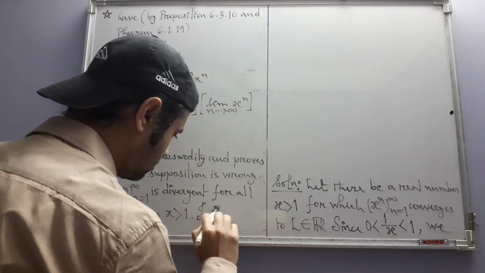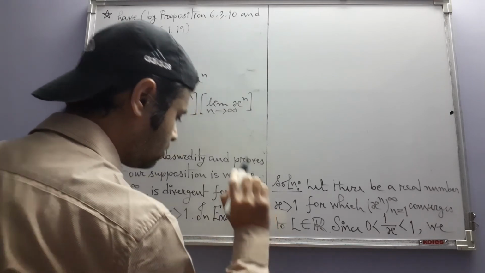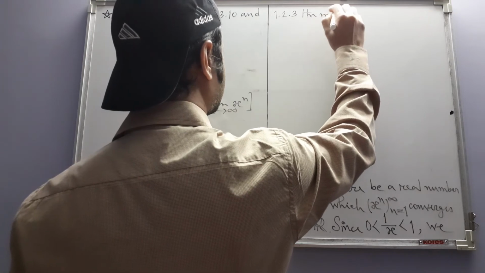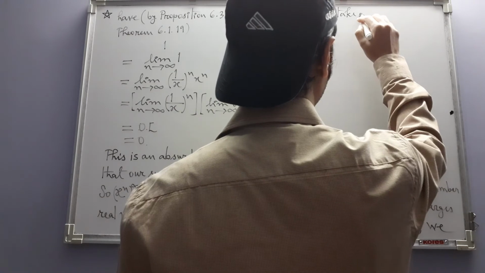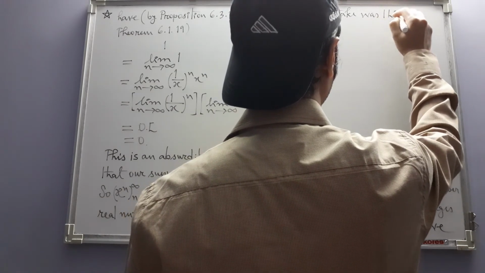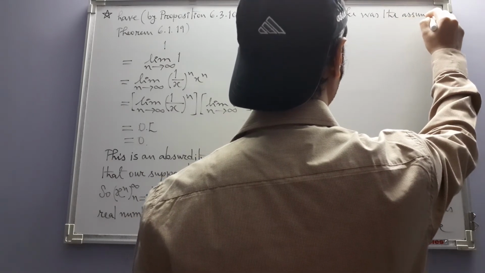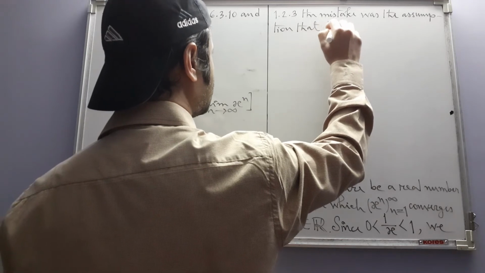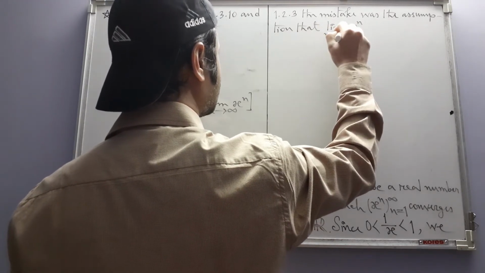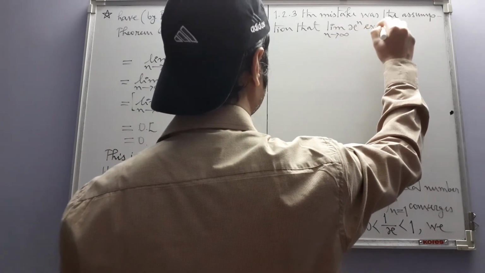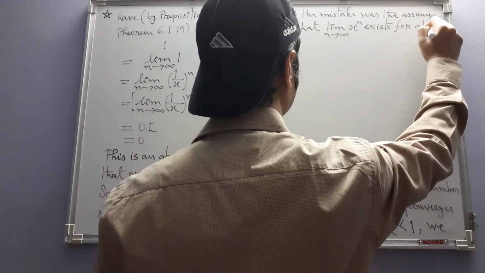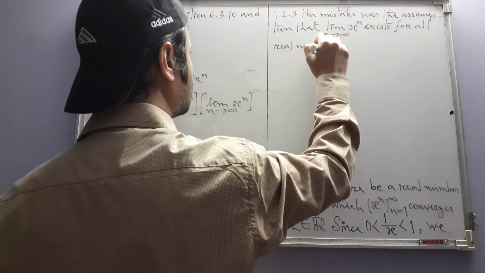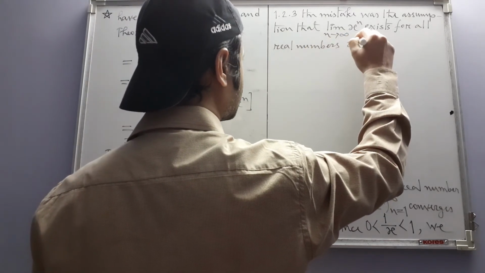In example 1, 2, 3, the mistake was the assumption that this limit exists for all real numbers, which is not true.